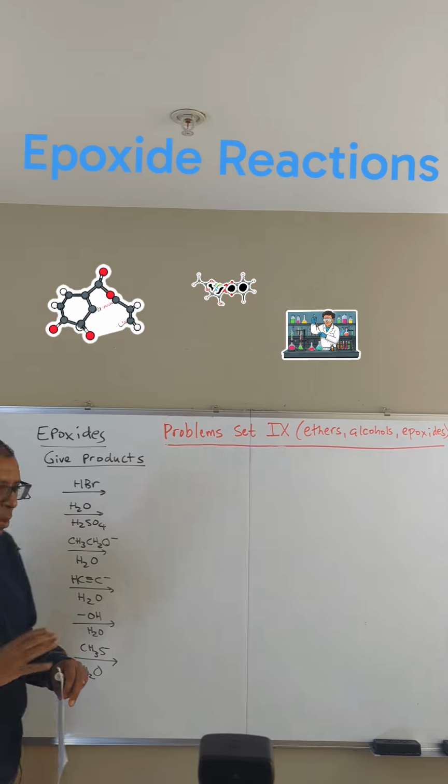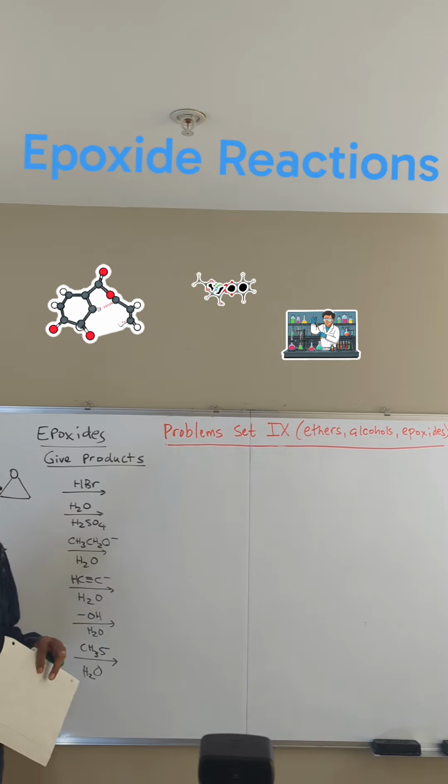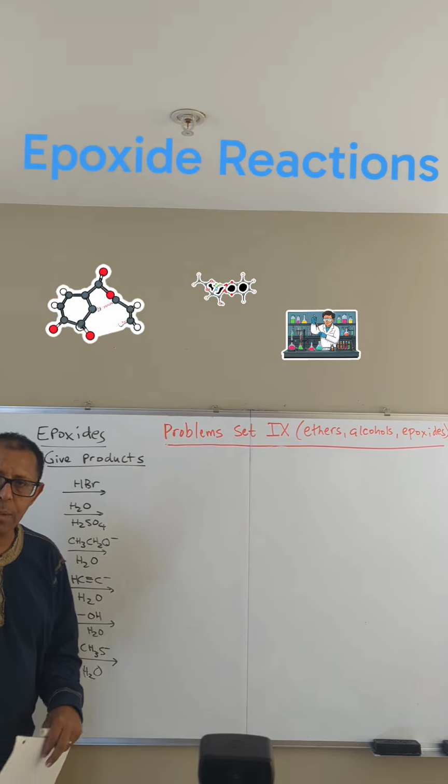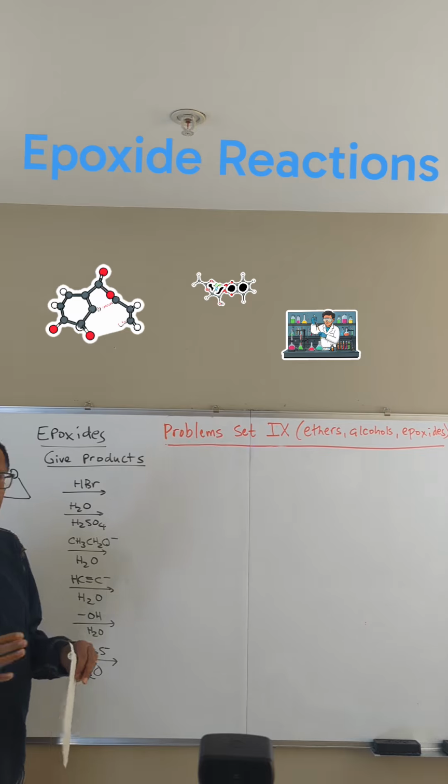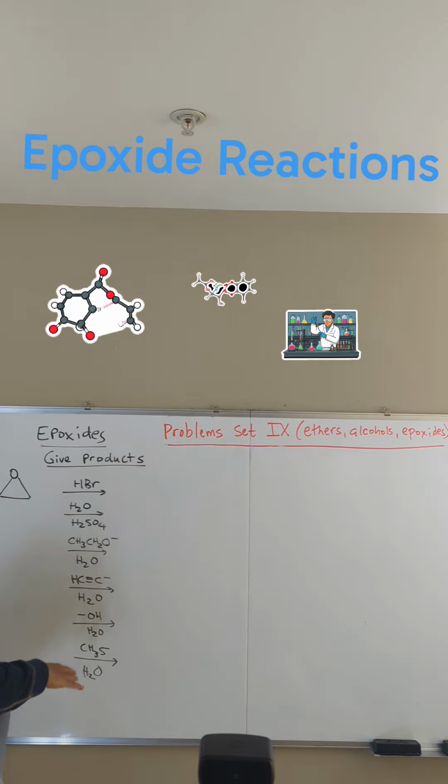So in this video I'll be solving problems that are very relevant to almost all of the reactions that an epoxide would undergo. Let's begin with some of the reagents listed here, and you have ethylene oxide.